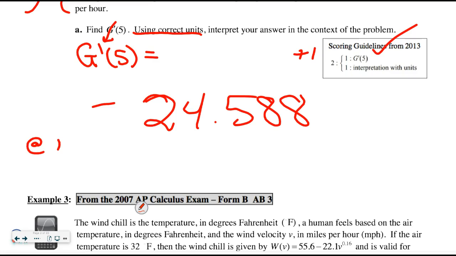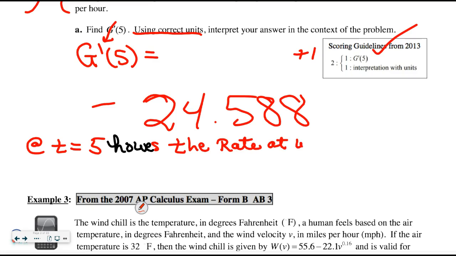At t equals 5. 5 what? Was it hours? Okay, at t equals 5 hours, what is changing in this problem? See what I mean? It's kind of tricky, right? What did we just take the derivative of? The rate. Yes, the rate at which.